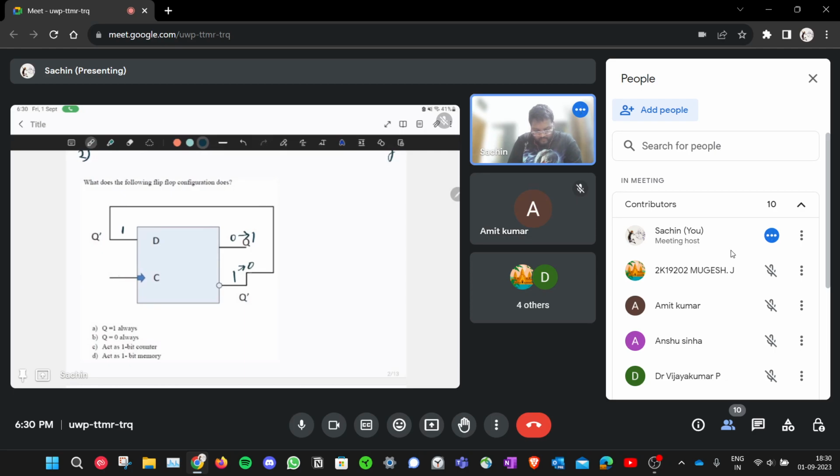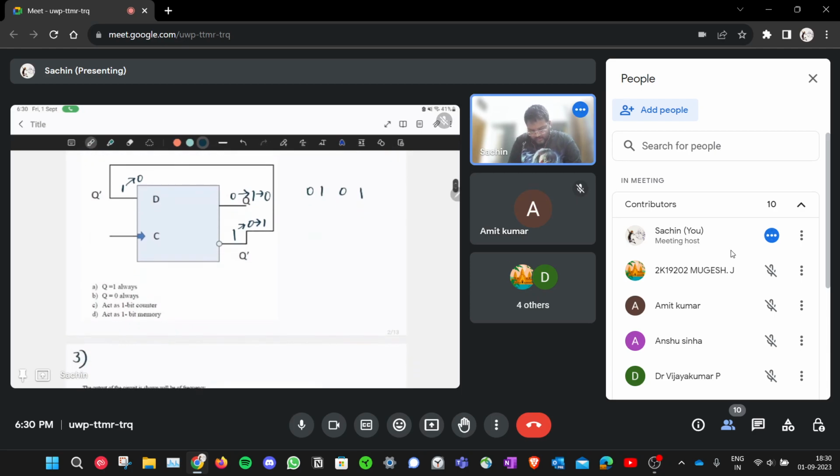Now at the next clock pulse, the input is 0. As you can see, this is the input, right? Since the input is 0, at the next clock pulse the output will change to 0, and this 0 will change to 1. This keeps on going at every clock pulse, so it's going from 0 to 1 to back to 0, then to 1.